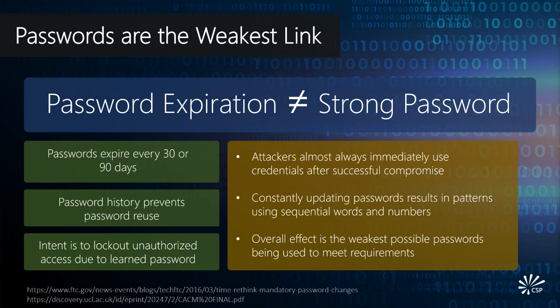They may start out with a relatively strong password, but every 30 days when they're forced to change it, they're going to start doing things to make it as easy as possible for themselves to remember. This is where things like rotating passwords or patterns come into play.